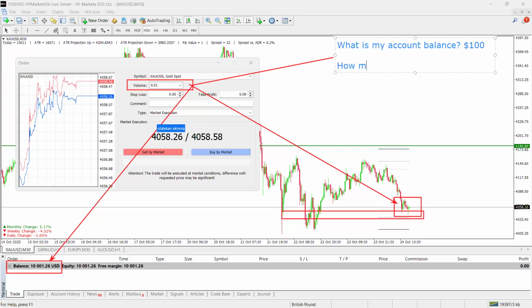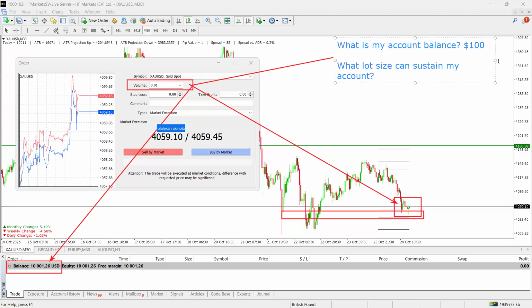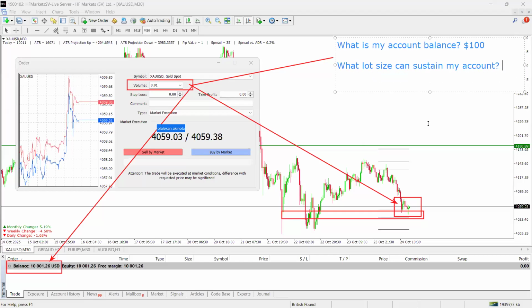I want to start from what lot size can sustain my account. Now, in order for us to answer the lot size that can sustain our account, we need to do some calculations, some permutations and whatnot. And I want to do a very simple one.